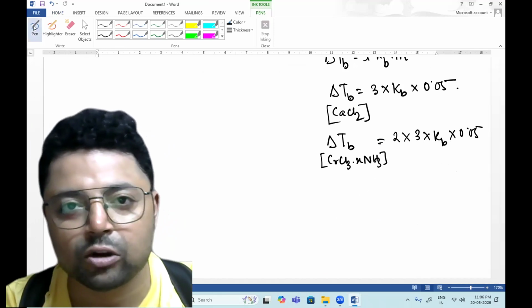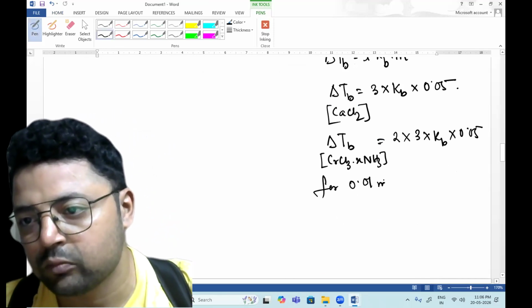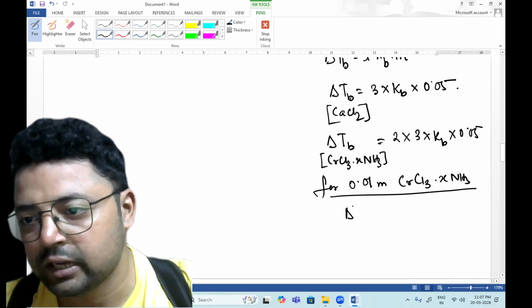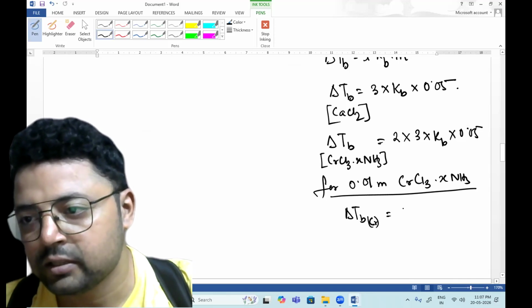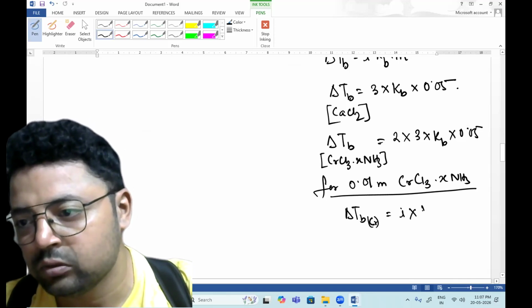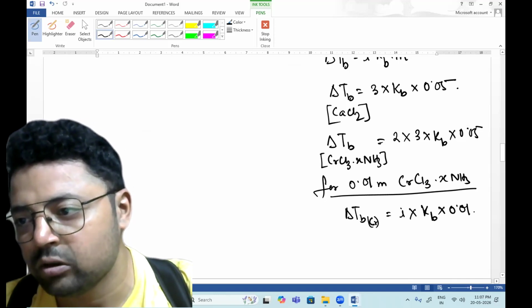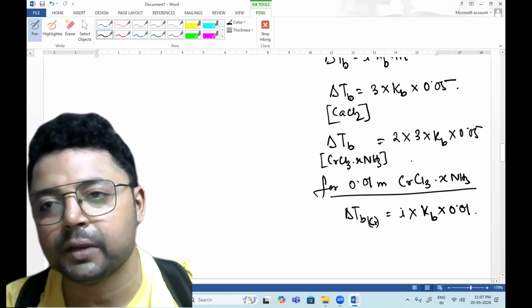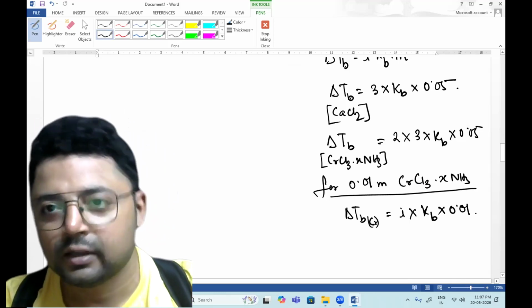Now for 0.01 molar CrCl3·xNH3, ΔTb, I'm just writing in bracket Cr, is i into Kb into m, 0.01. So you have to compare these two to find the value of i in this case. Understood?